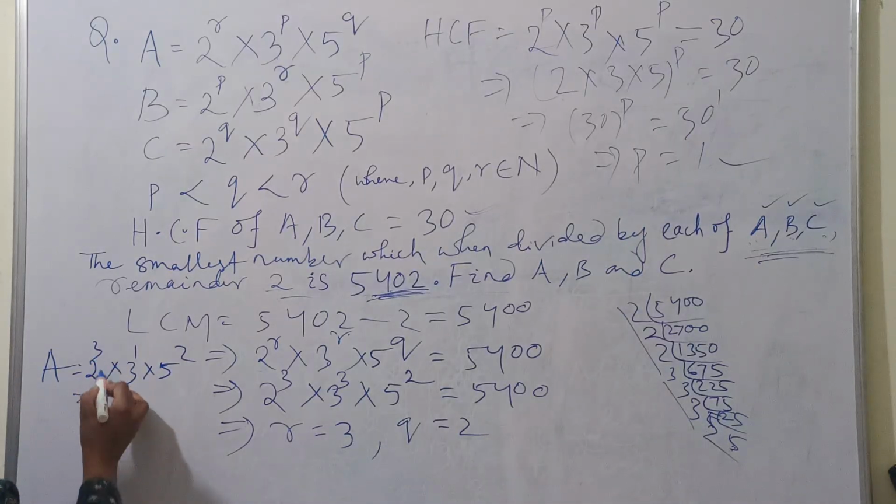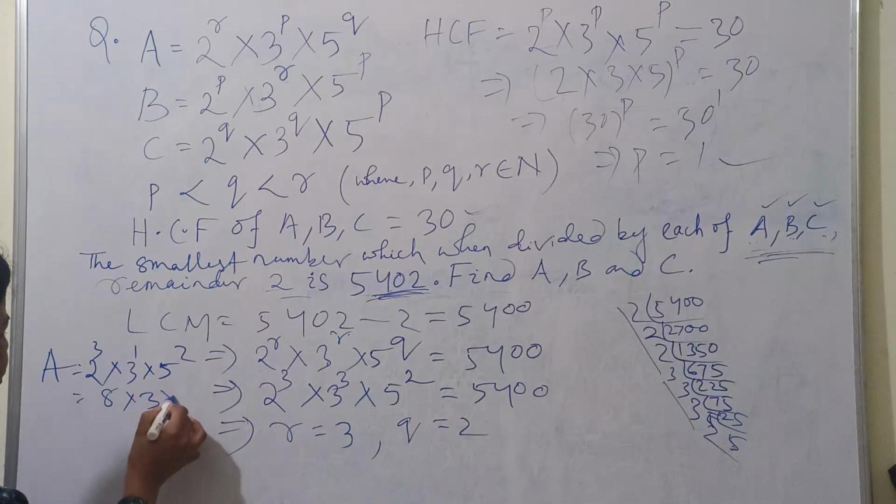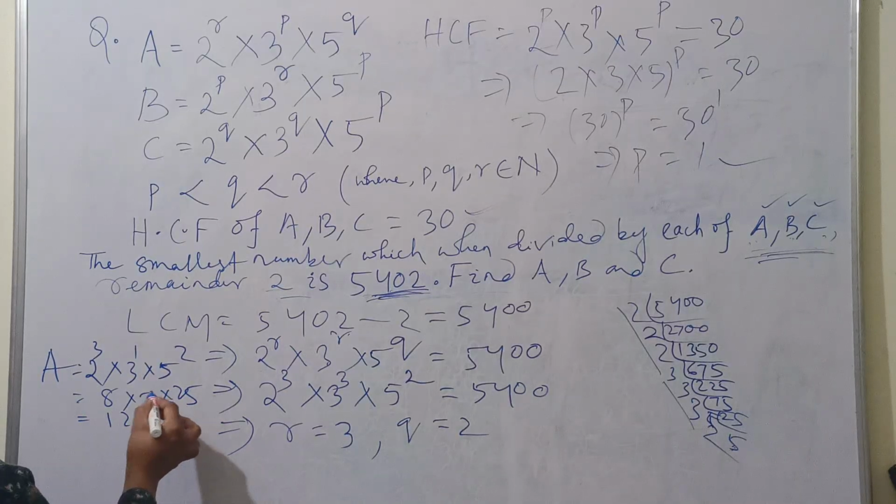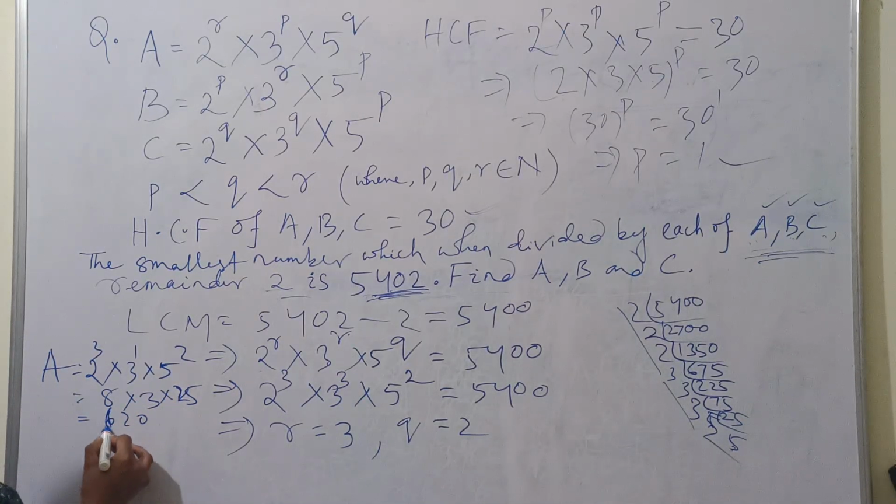So this value is equal to 8 into 3 into 25. You got 600. So this is the value of A.